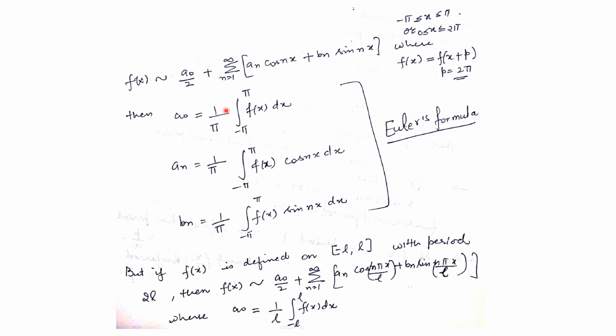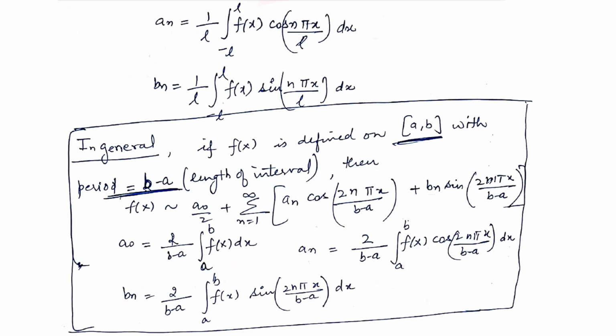Here the interval is minus L to L, so a naught will be 1 over L, integration of the function f(x) from minus L to L. Similarly, an is 1 over L, integration from minus L to L of f(x) cos n pi x by L. And the same way bn is 1 over L, integral from minus L to L of f(x) sin n pi x by L.